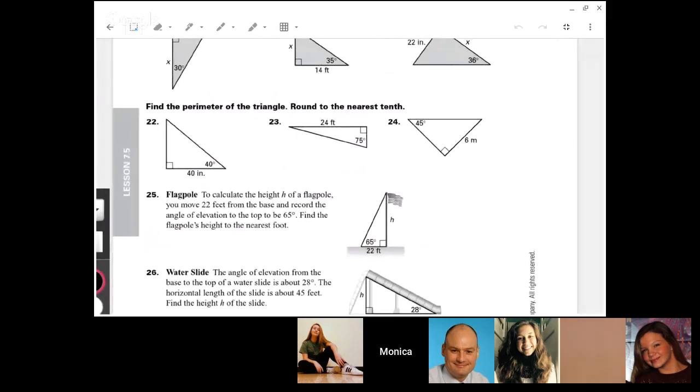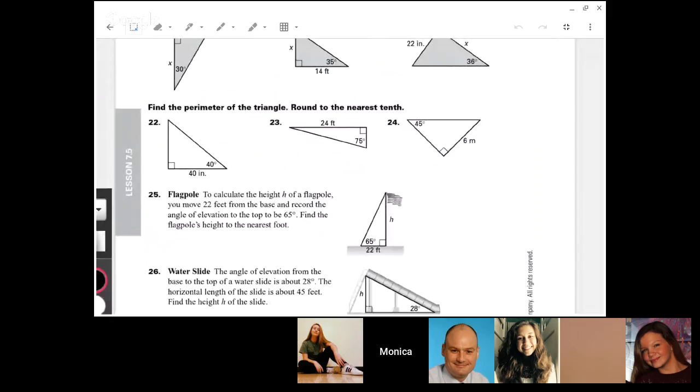Okay, so let me zoom in a little. Find the perimeter of the triangle and then round to the nearest tenth. So on 19, 20, 21, we had to find the area of the triangle, right? So in order to find the area, we had to find that missing side. Well, now for perimeter, we have to have all 3 sides, right?